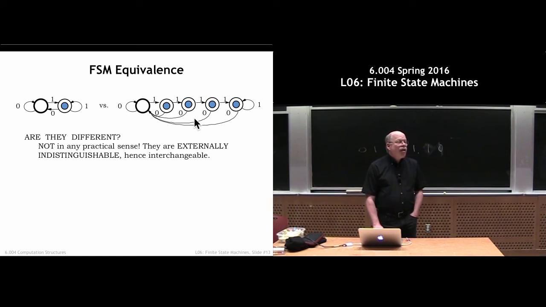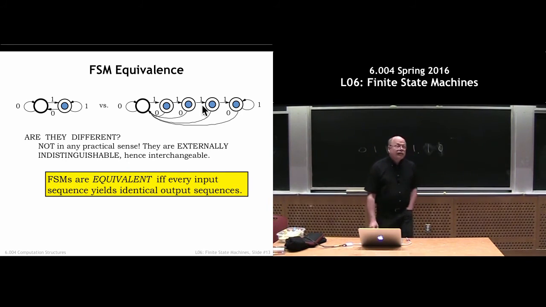They behave the same. For every possible sequence of inputs, each of these machines will display the same behavior. So we would call these two machines equivalent machines. And as engineers, we prefer this one because it requires much less logic to build.